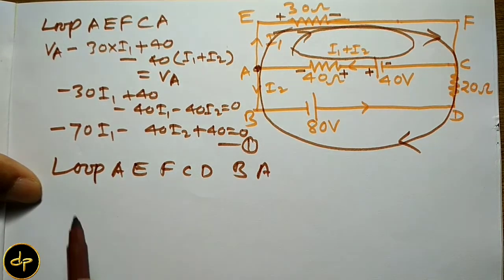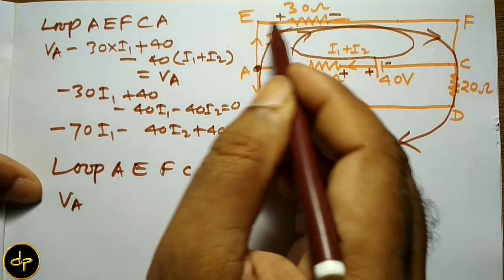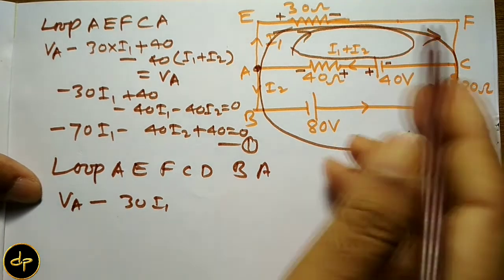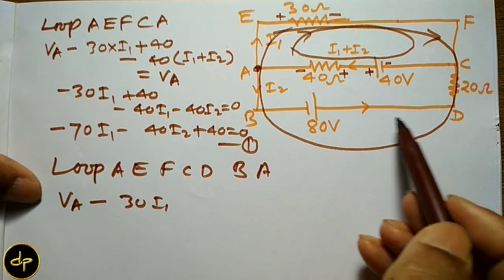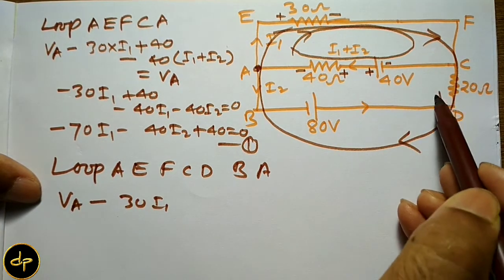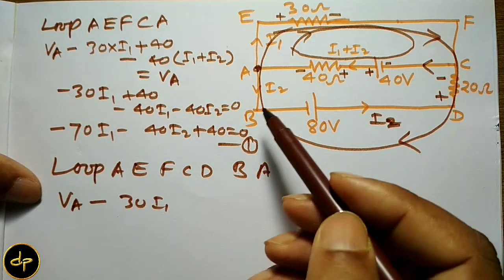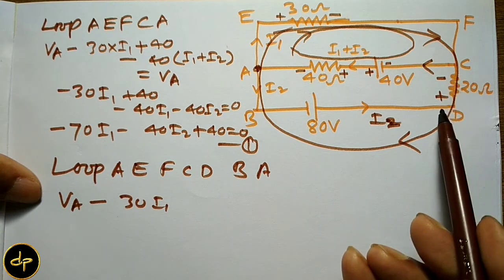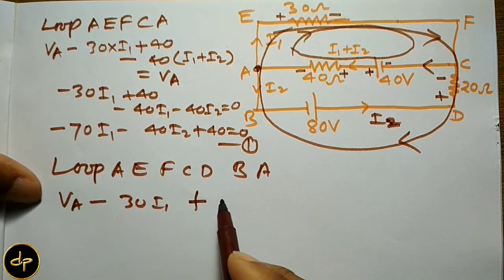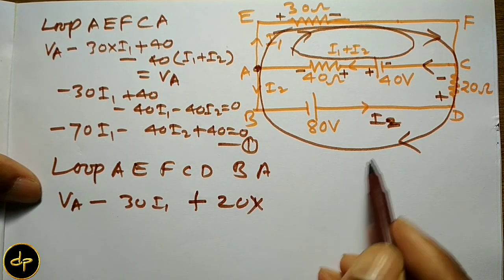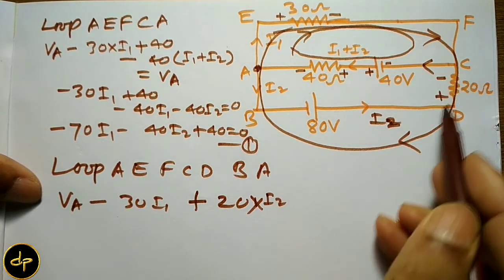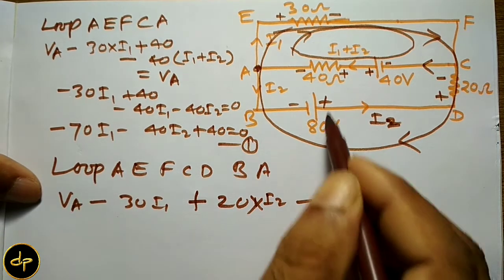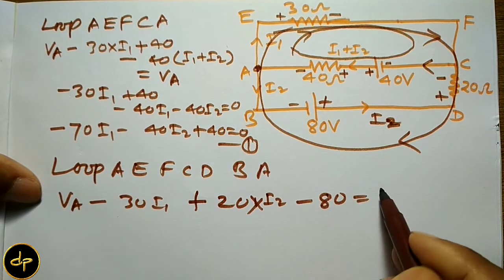Let it be VA, and then a drop of minus 30 into current I1, and then on this line the current direction is this one. This is the current, so this will be positive and this is negative. This is VA and then drop, and then in this direction minus to plus, so there is a rise. This is 20 into current I2, and then plus to minus, this is a drop, minus 80 volt, and then we have come back to VA.